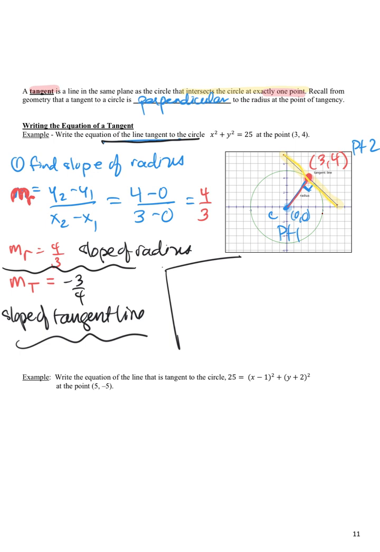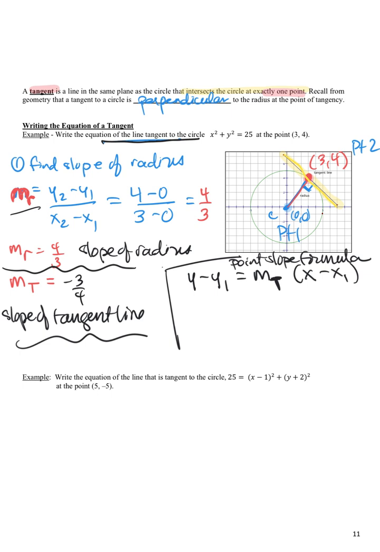I can either use the point slope form or the slope intercept form. I don't care, but since we've already been working with the slope formula, we might as well use that. So we have y minus y1 equals the slope of the tangent line, because that's what we're writing the equation of, times x minus x1. So I'm going to use the point slope formula to write the equation of the tangent line.